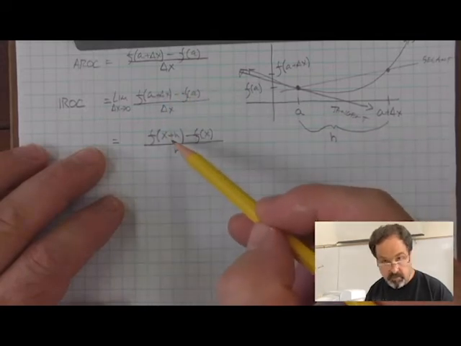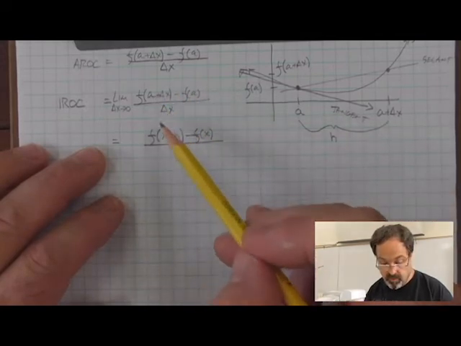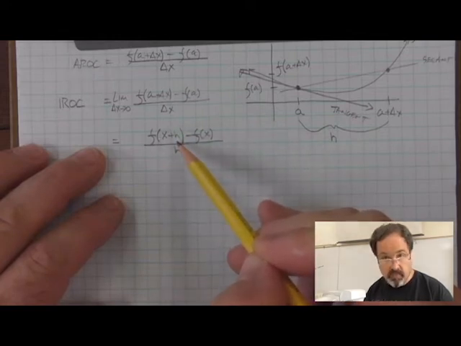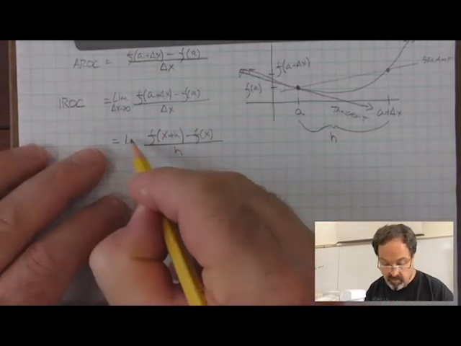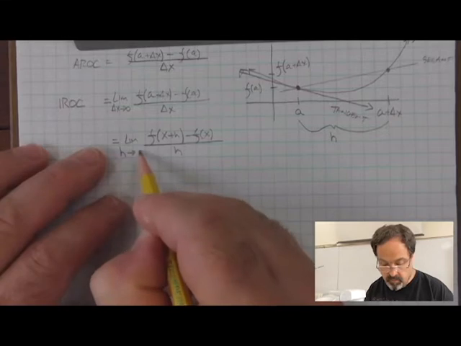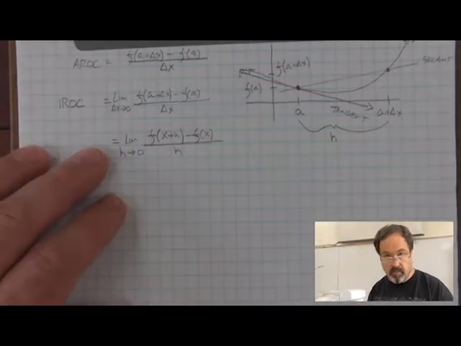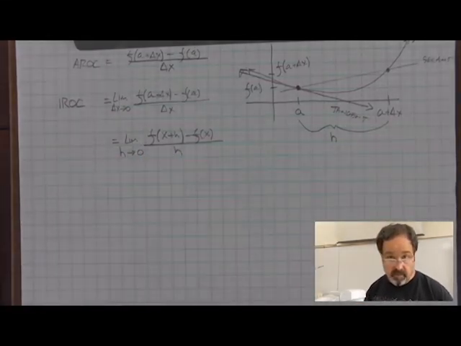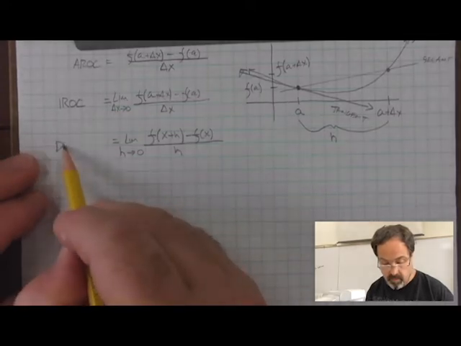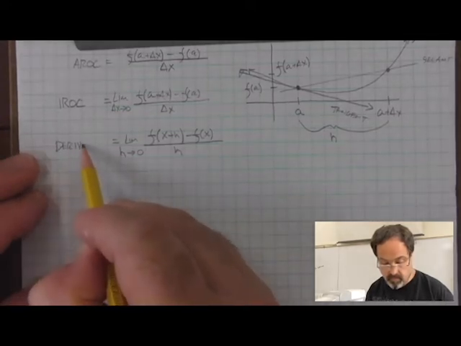Same calculation, but we've changed the presentation by generalizing it to any location in the domain x. And instead of delta x, we're using h. So we take the limit as h goes to 0 to get the instantaneous rate of change of any function at any location. And we call that not IROC, but the derivative.